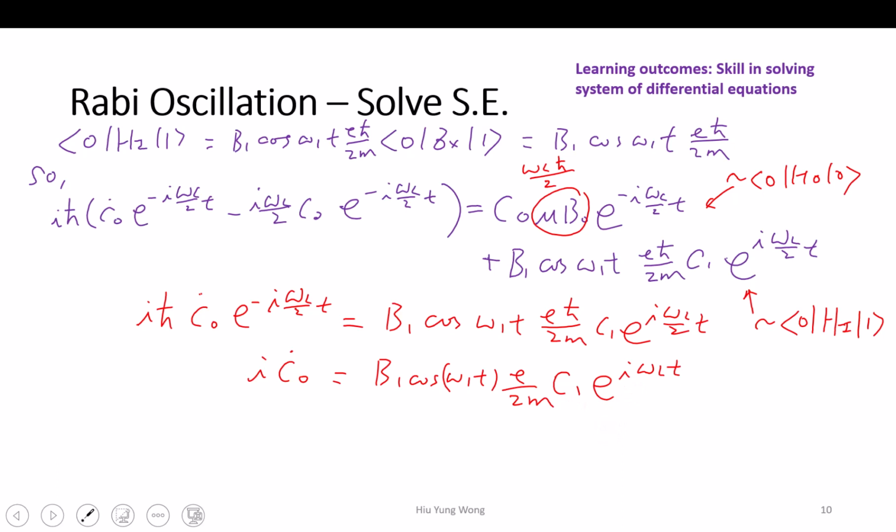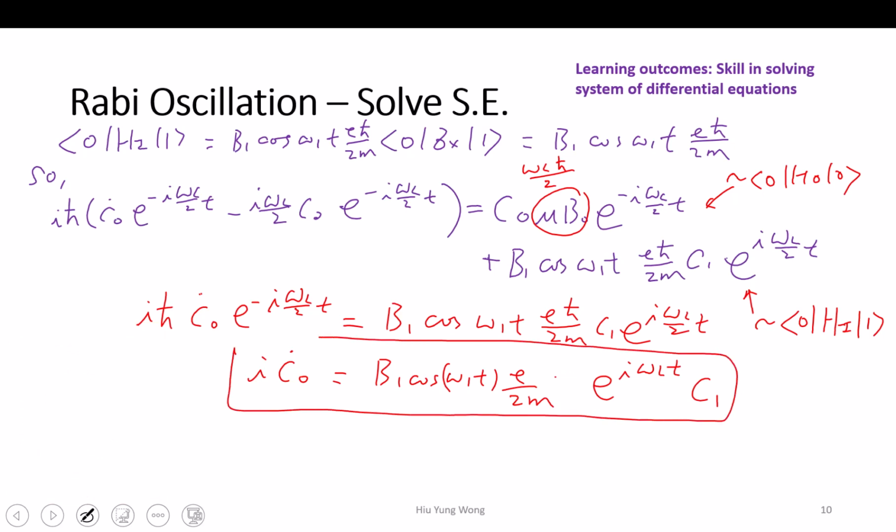Maybe it's better I put this at the end. Okay, so this is the first equation I got. The rate of change of C0 equals B1 times e divided by 2m times cosine ω1t times e to the power iω_L t times C1.